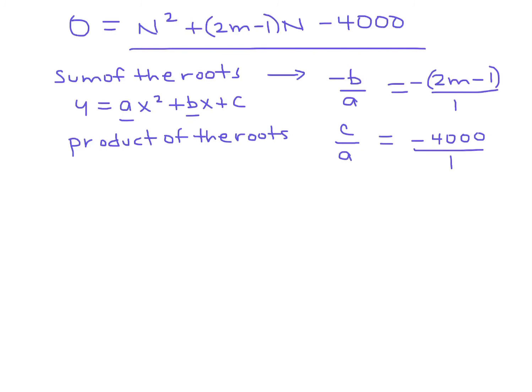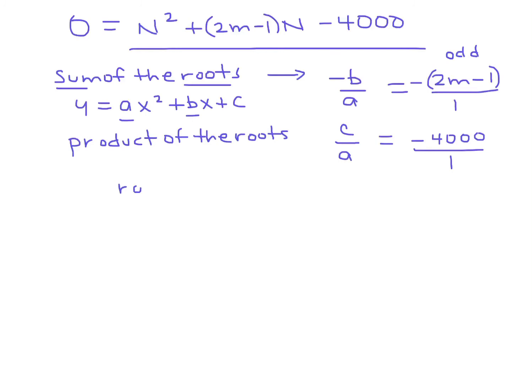Okay? Now immediately when I look at 2m minus 1, I hope you see that it's an odd number, right? 2m is even because you're multiplying m by 2, therefore it's always going to be even, and if you subtract 1, it'll be odd. So that means the sum of the roots are an odd number.